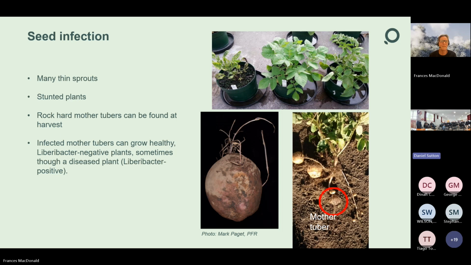And that happens in the field as well, and they can eventually get overgrown by the healthy plants. Once you start digging up some potatoes halfway through or at the end of the season, and you can still find the mother tuber and it's rock hard, then you're pretty sure that was a positive mother tuber. And like we showed before in one of the slides, those infected mother tubers can actually grow healthy plants. Next one, please.